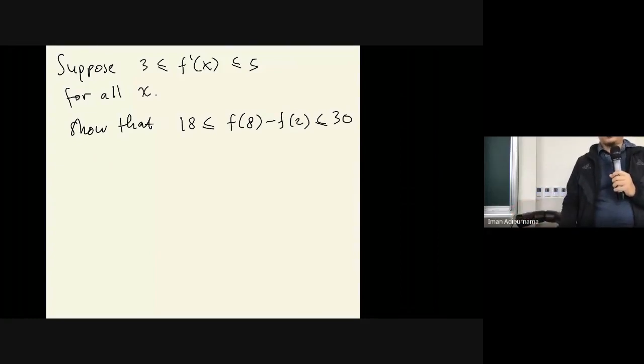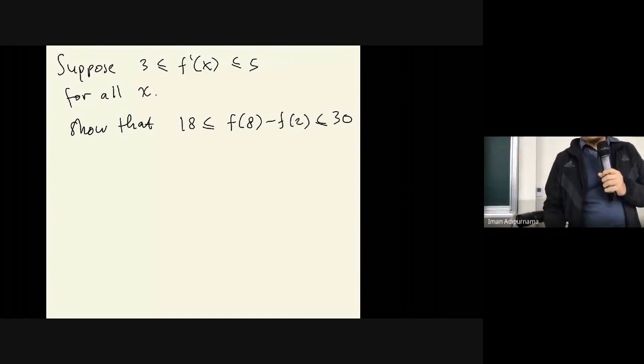This is also typical in mean value theorem, and I think it can be straightforward, and you can have a direct approach.